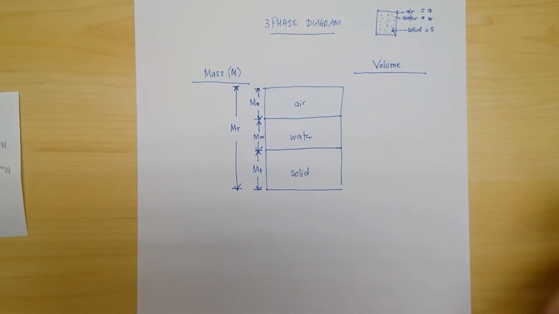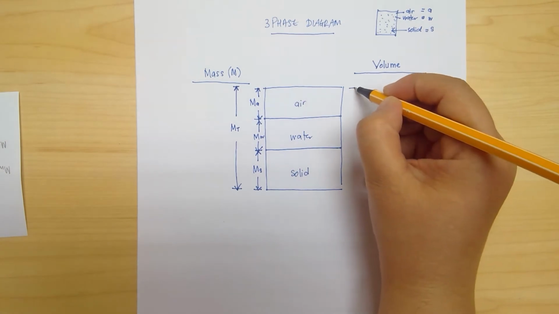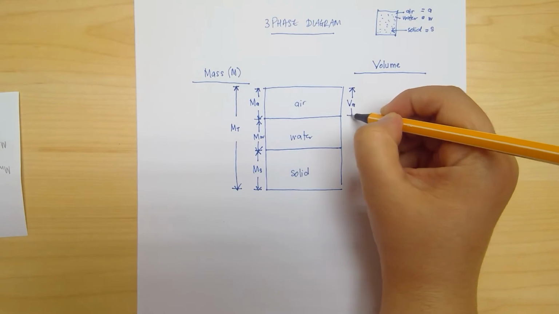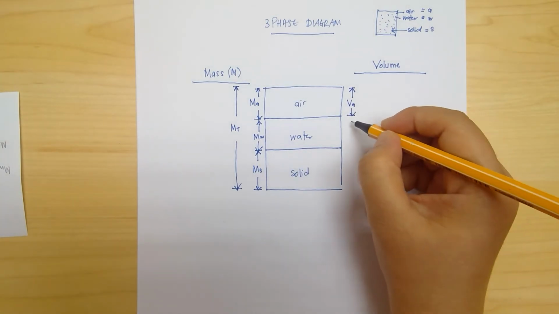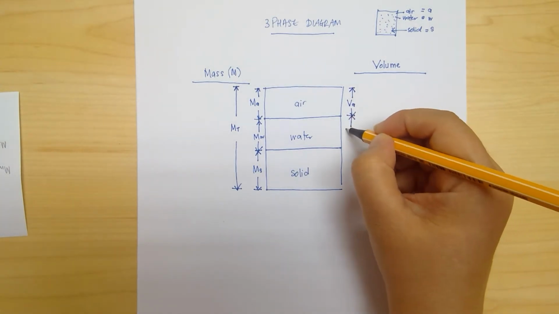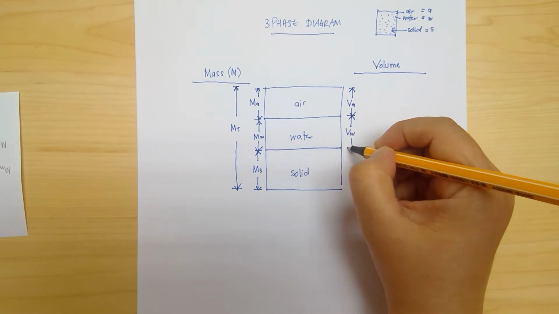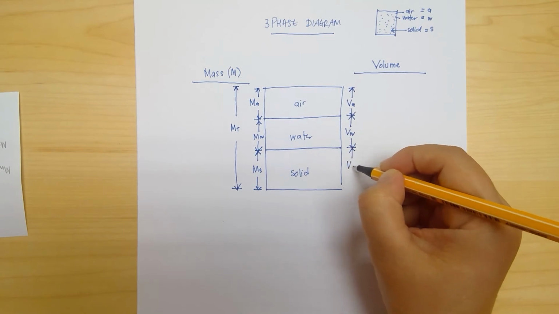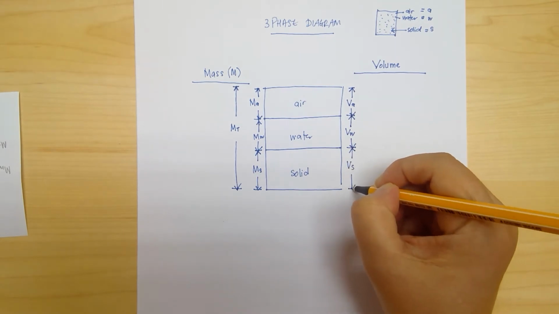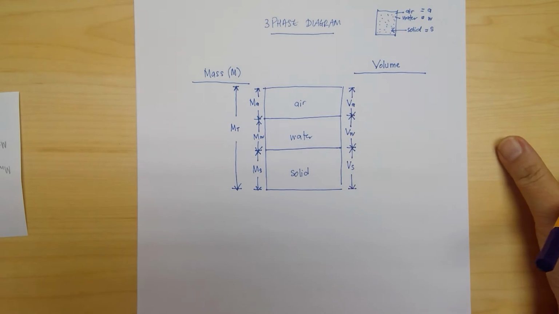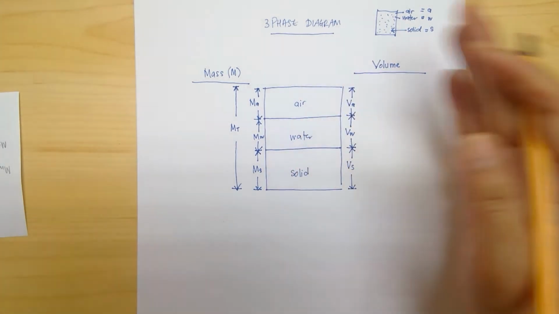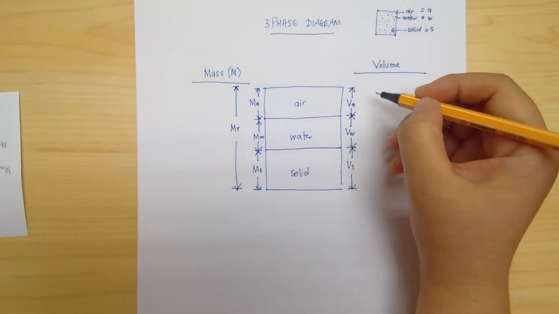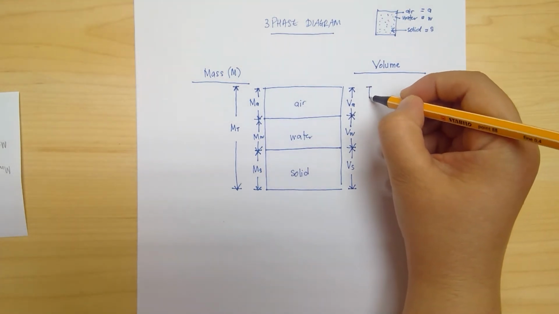Okay, let's do this for the volume part. In this portion, you have the notation Va to indicate the volume of your air, this part will be Vw, volume of water, and this part will be Vs, the volume of solid. Other than this three-phase diagram, the thing you also need to know about is void.